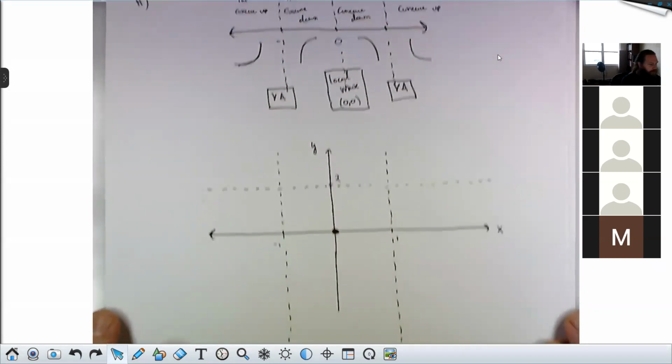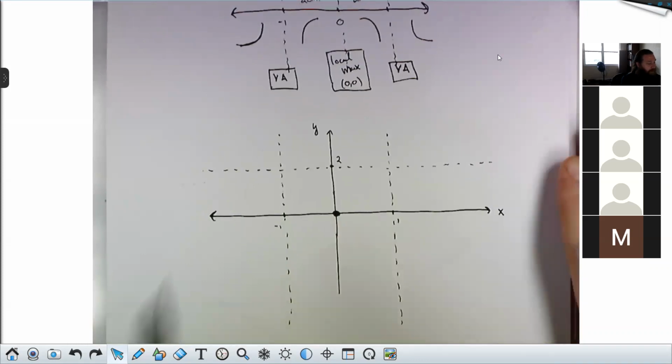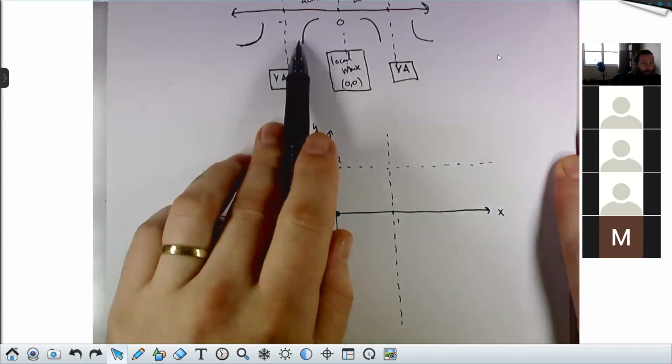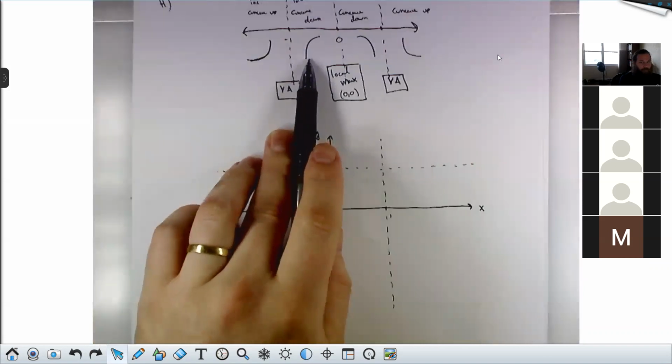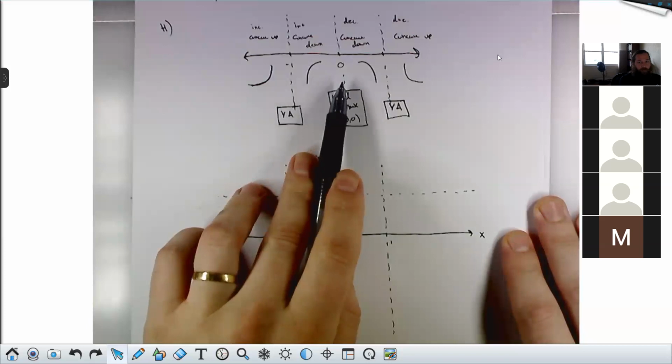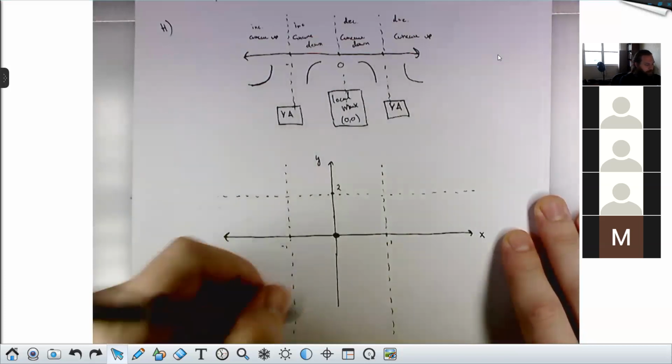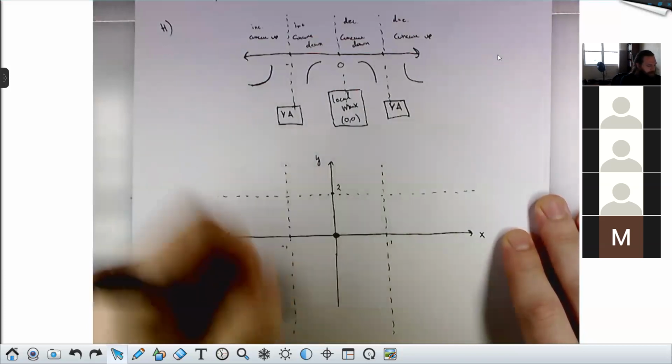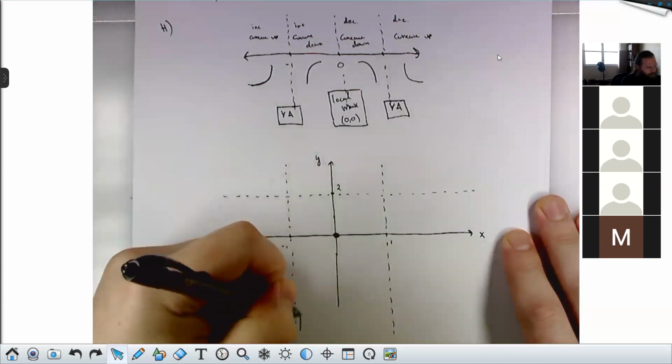And now I'm going to see what I can do. I know that I am increasing and concave down between -1 and 0, and decreasing concave down from 0 to 1. So that tells me that I have to approach this max like this.